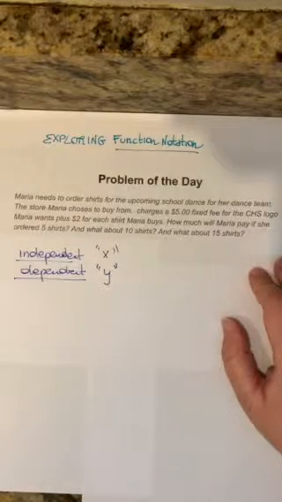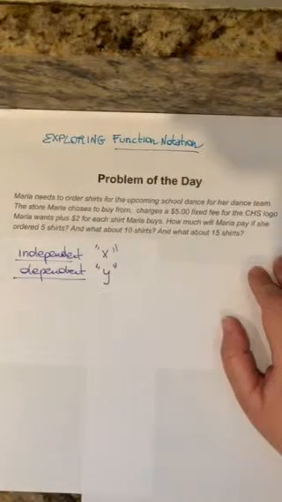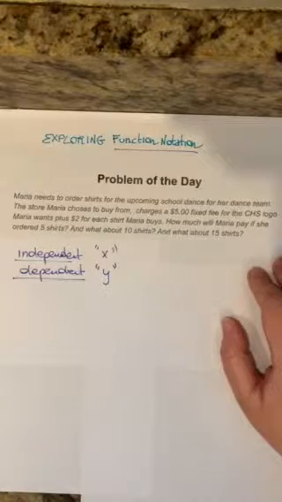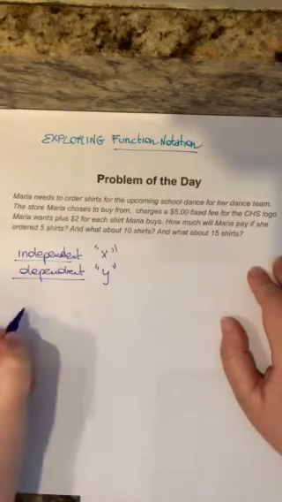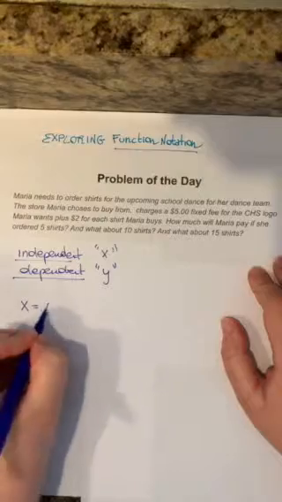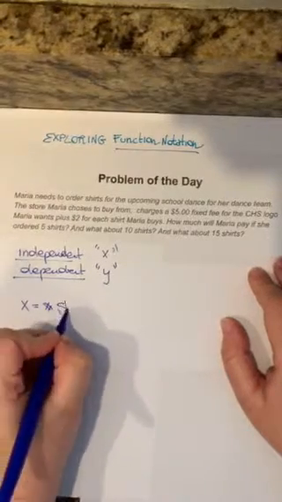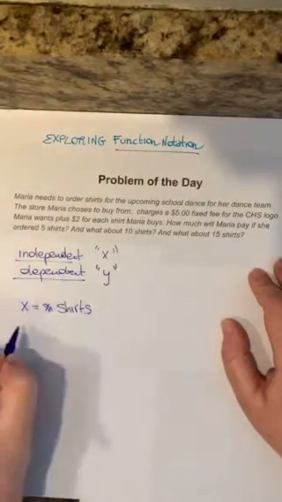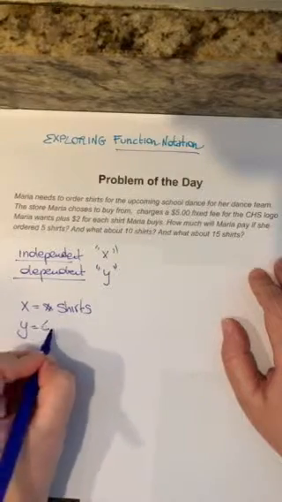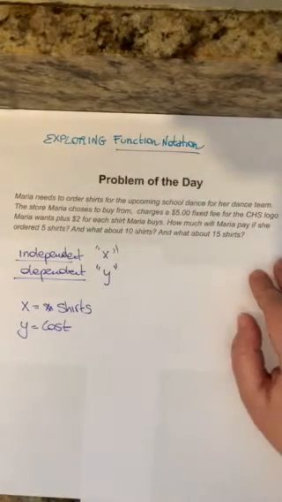All right. Knowing what we know about function, we know that we're going to have a one-to-one relationship between the x and the y. The x most likely will be the number of shirts. The y will be the cost that Maria will be looking at.